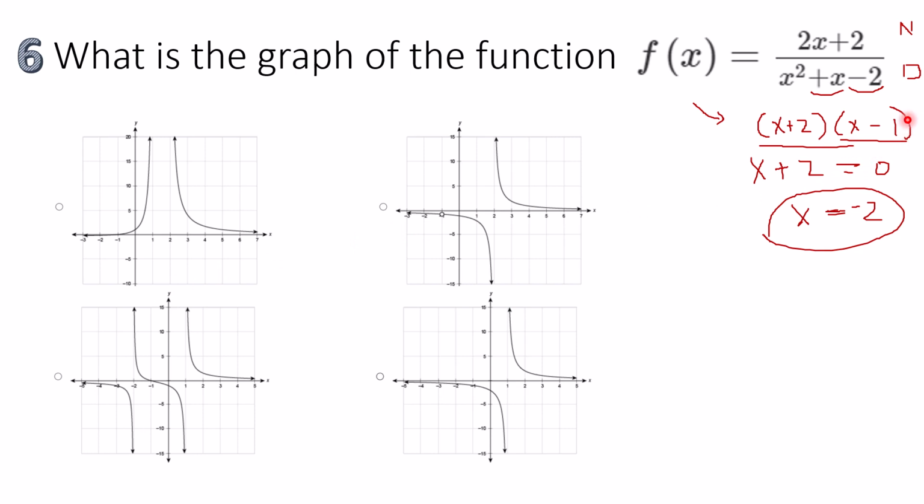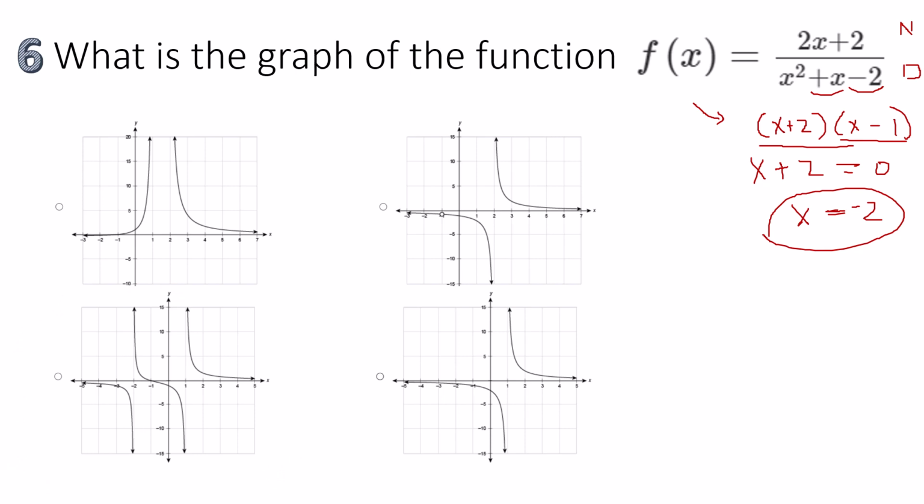And then we look at x minus 1, set that equal to 0. So again, the same thing at positive 1. If we draw a vertical line right here, these graphs are approaching that vertical line but never touching. So we've eliminated everything except the third graph.